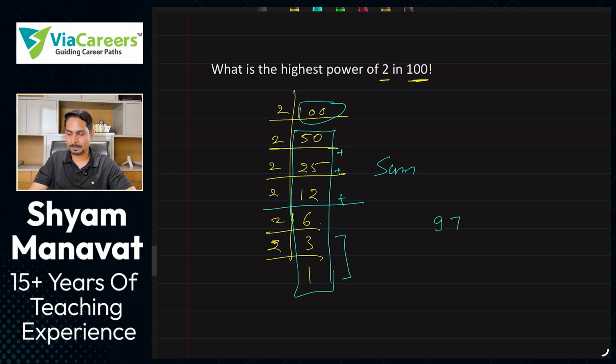So कितना मिला आपको? 97. 2 का पावर कितना मिला मैक्सिमम? 97. In 100 factorial. Right? So you can say this 100 factorial is easily divisible by 2 raised to 97. Maximum power of 2 is 97 in 100 factorial.